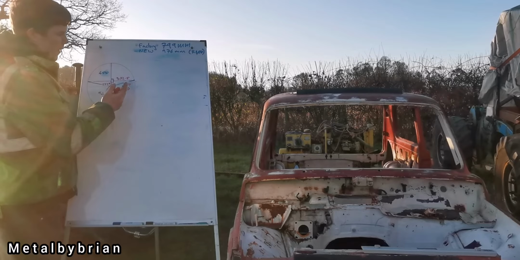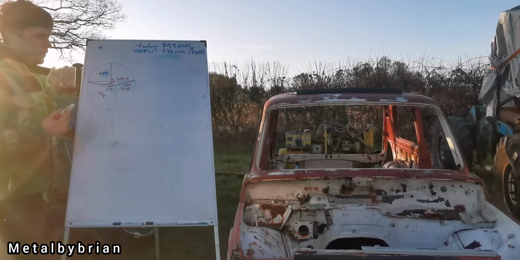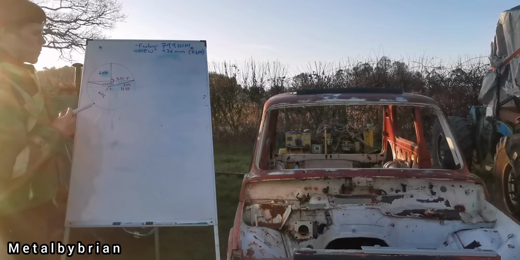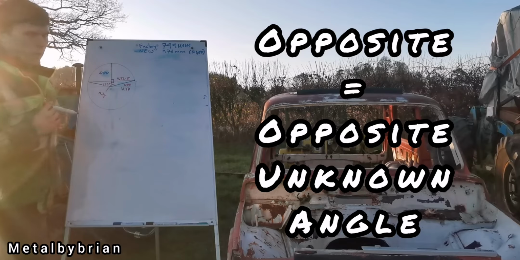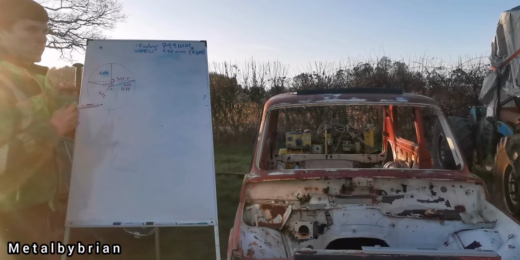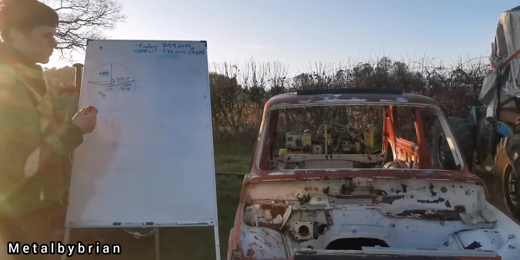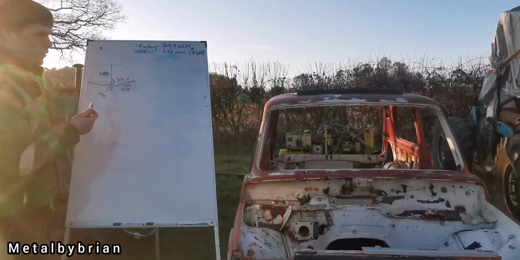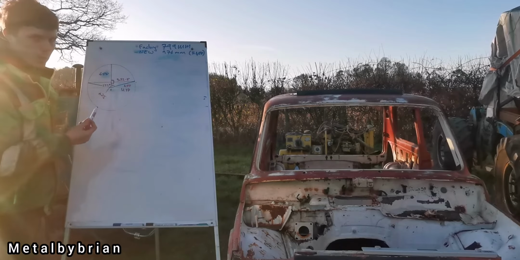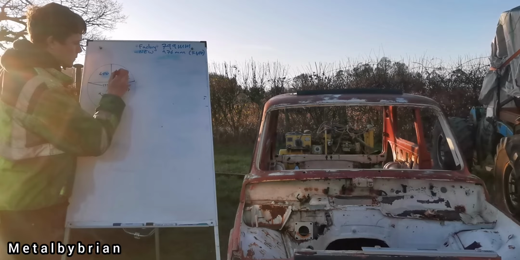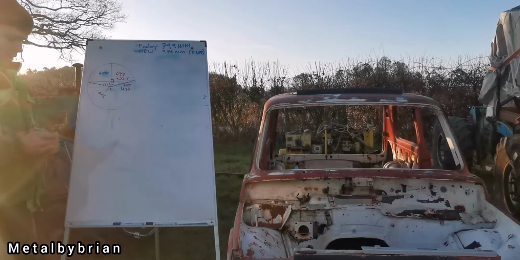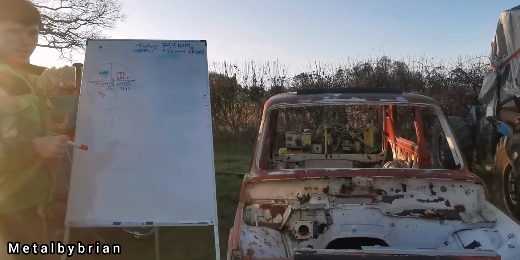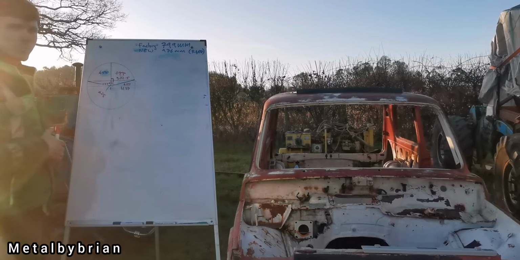And then this is our opposite, and this is why I don't like remembering that the hypotenuse is opposite the 90-degree angle, because our opposite is opposite the angle we're trying to find, and it can get quite confusing when you're saying hypotenuse is opposite the 90-degree angle when you've got a line called opposite. So there we go, 3 sides.